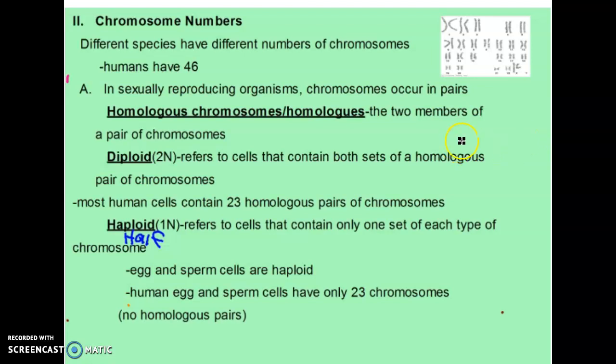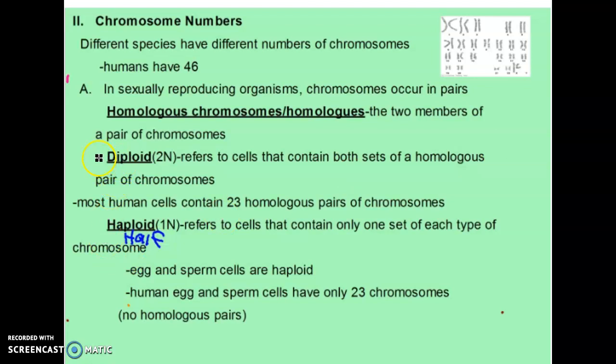In sexually reproducing organisms, chromosomes occur in pairs because you get one of each of those pairs from each of the parents. And that's what a homologous chromosome is. It's one of these pairs. So you have a pair of chromosome number one, that's considered a homologous pair, the two members of that pair.